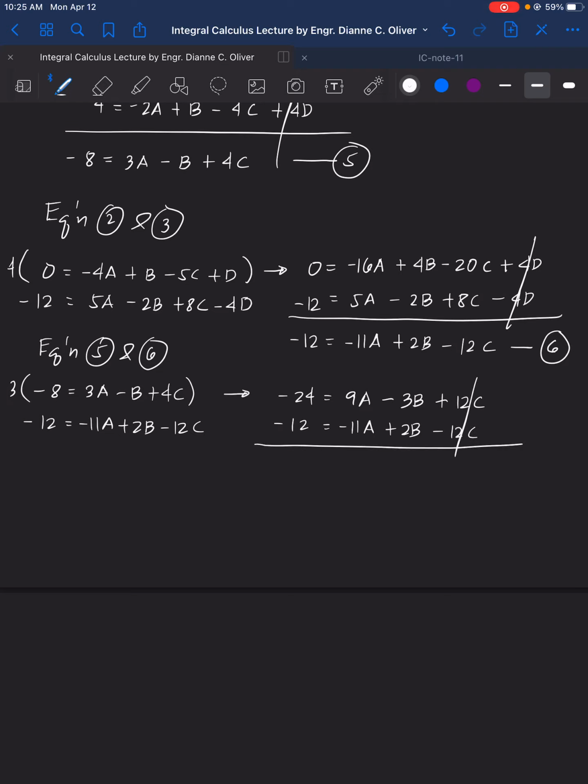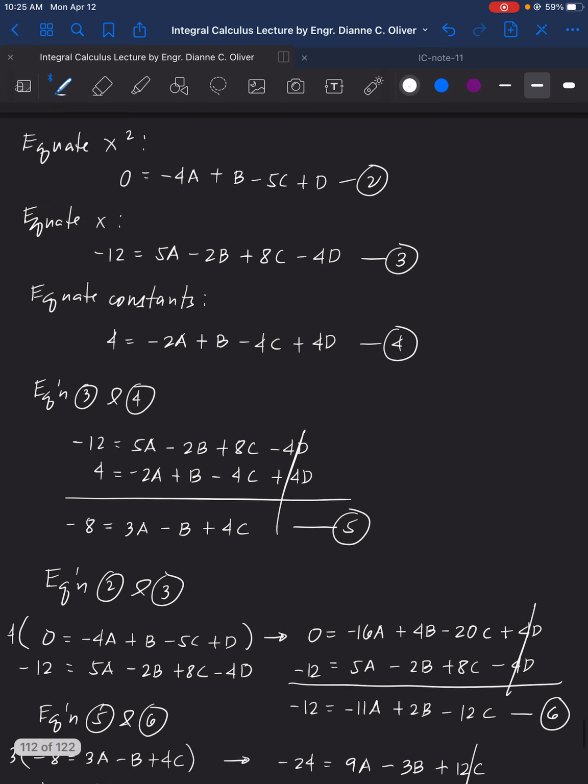Cancel out c. So what's left here will be negative 36 equals negative 3a negative 2a, minus b, and that is equation number 7.